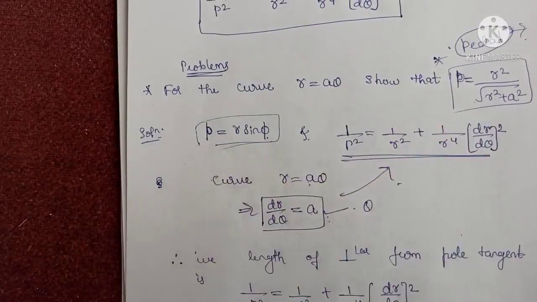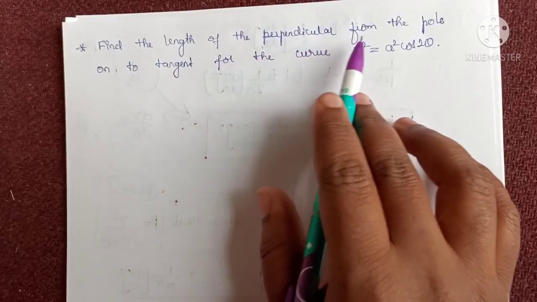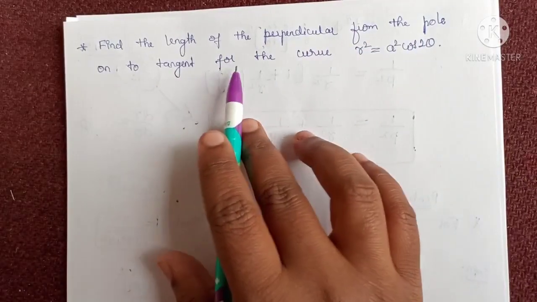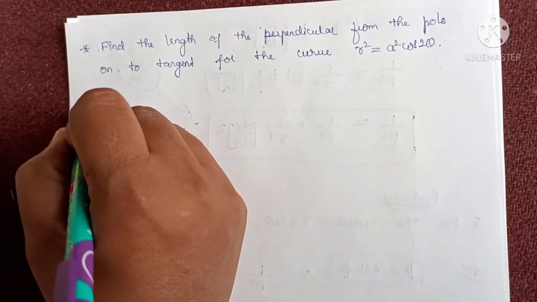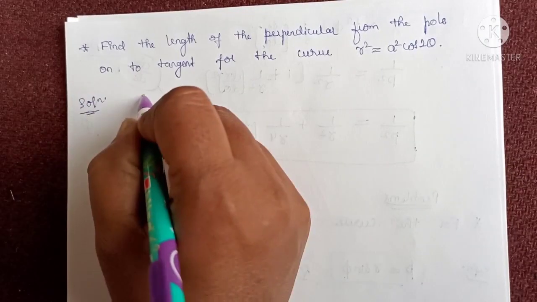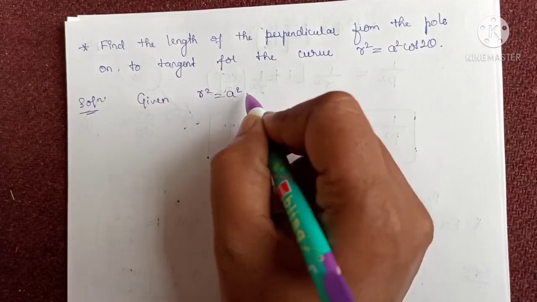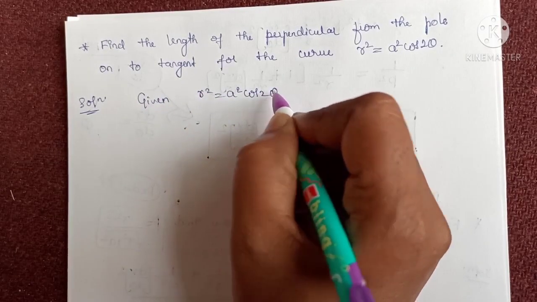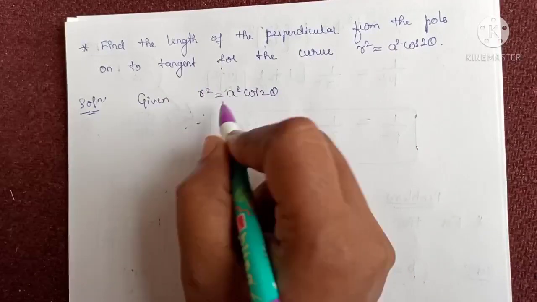Both are the same. Next problem: find the length of the perpendicular from pole to the tangent for the curve r square equals a square cos 2 theta. Solution. Given curve is r square equals a square cos 2 theta. Before differentiating, we take log on both sides.